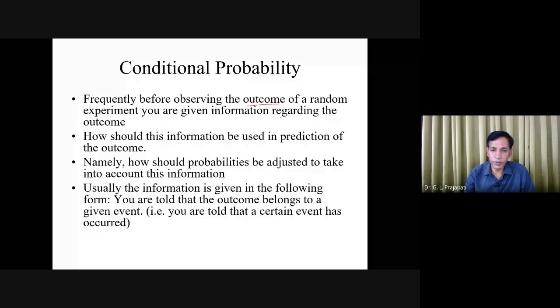So how should this information be used in prediction of the outcome? You have to include the additional information you are given, meaning how the probability should be adjusted to take into account this information. You are dealing with such a situation.